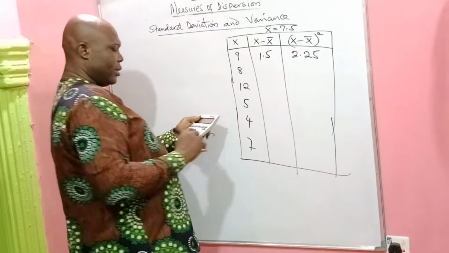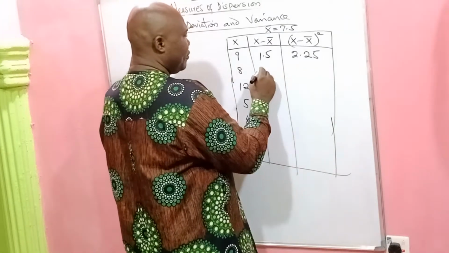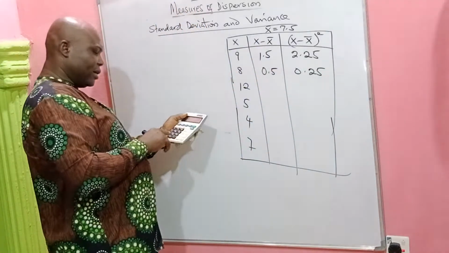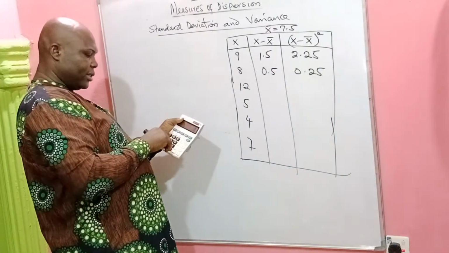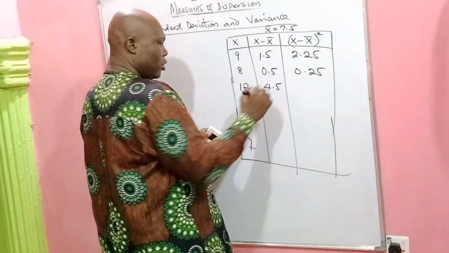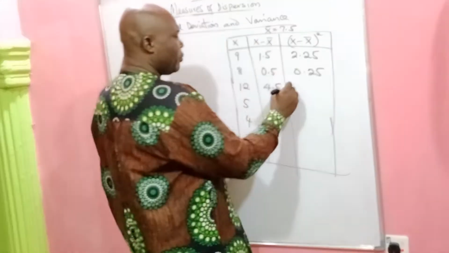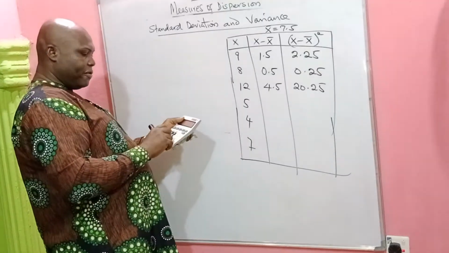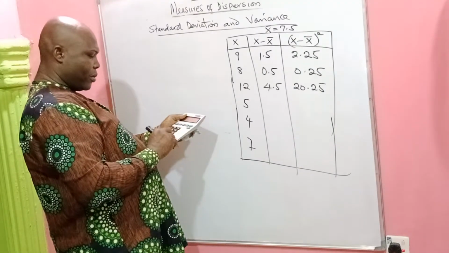We square it, so we have 0.25. Then 12 minus 7.5 is 4.5. We square it, 20.25. The next is 5 minus 7.5.